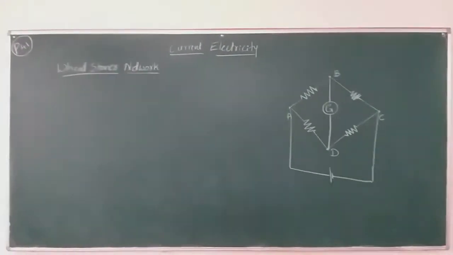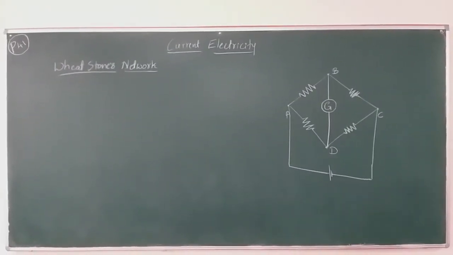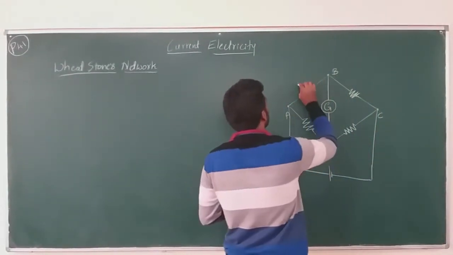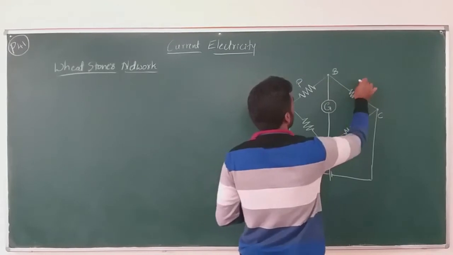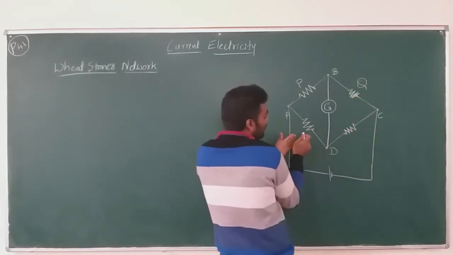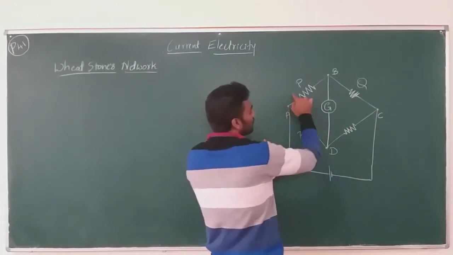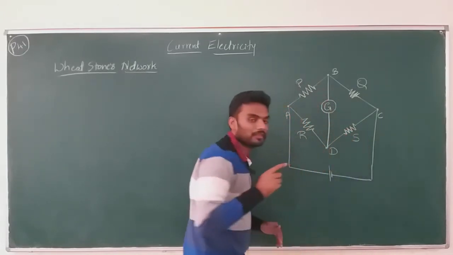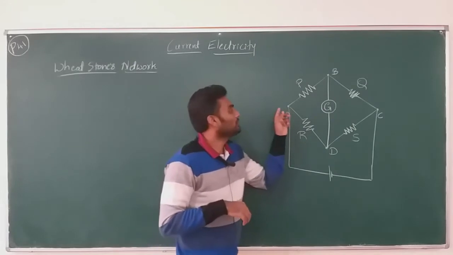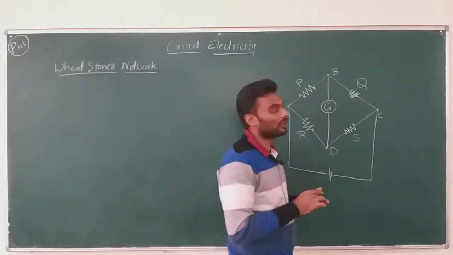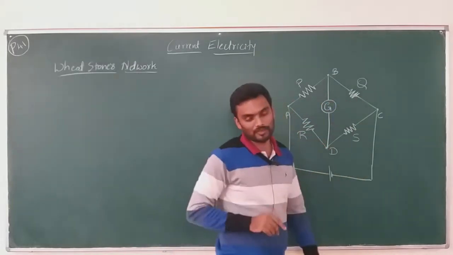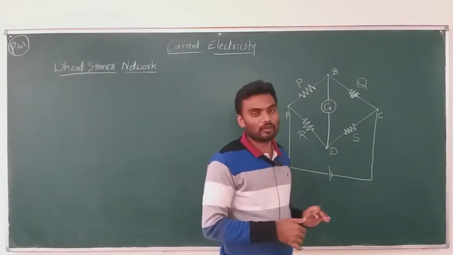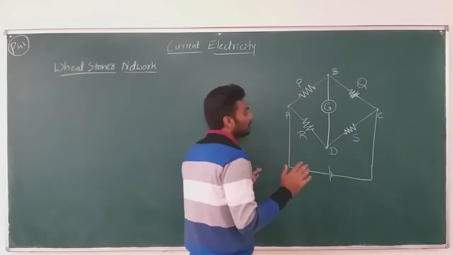Now we are going to name the resistors. The first resistor between A and B is named P, this is named Q, and this is named R, and the last is S. This naming is very important. You shouldn't go in the order P, Q, R, S. No, don't do that. There is a reason. You will get to know why by the end of the derivation that we are going to do. But for now, keep this much in mind.